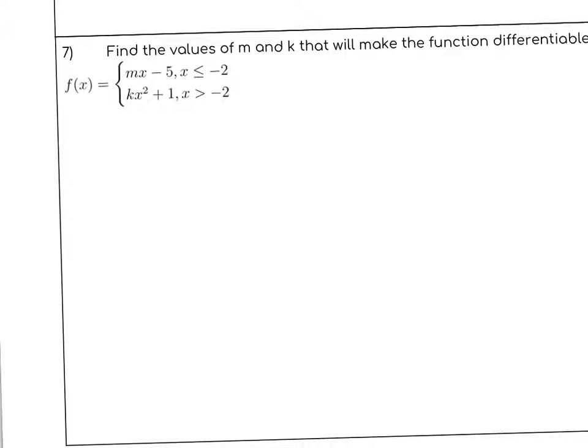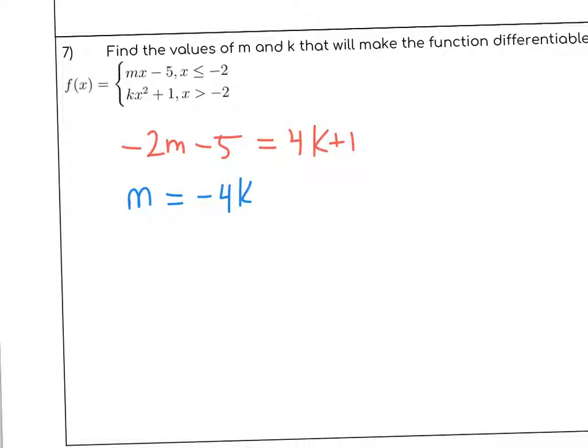Looking at number 7, the limit from the left is going to be -2m minus 5. And from the right, that's going to be 4k plus 1. For the derivatives, that's going to be m is equal to 2xk, and that'd be -4k.